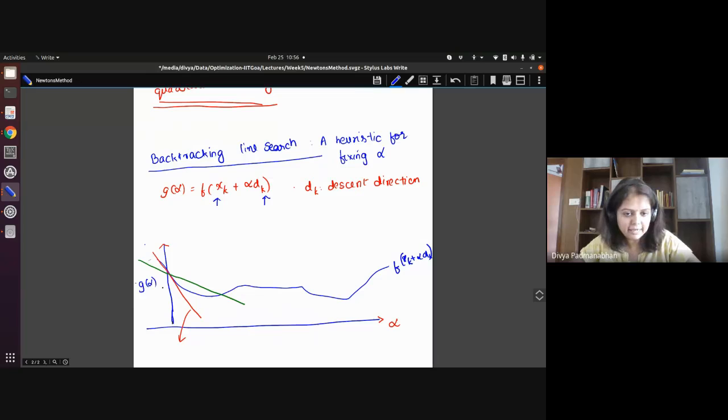The one in red here, this is the point xk, the point where alpha is 0. I'm plotting the alphas on the x-axis. At alpha equal to 0, what we have here is just f of xk, so that is this value. Now you can construct a local approximation. This is a linear approximation that I've considered here, the one in red.